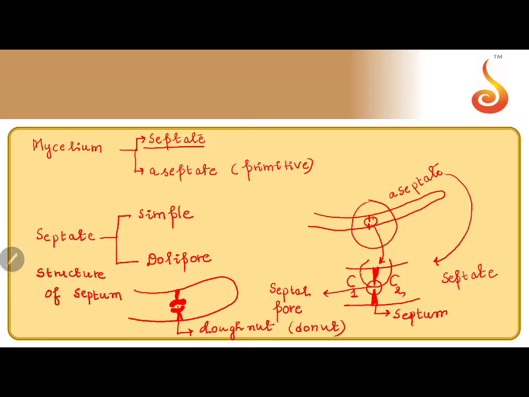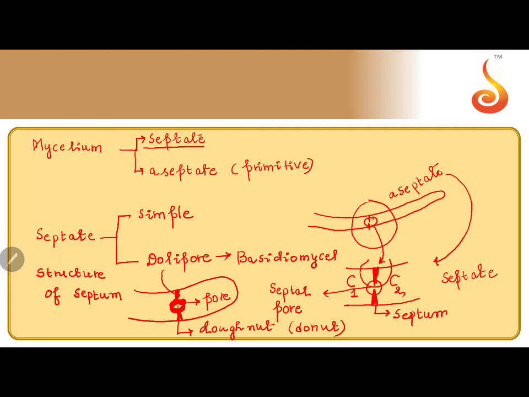Because in the simple one it was just a membrane extension, but here it's like we have a window with a wooden frame. It swells and covers to create a donut shaped septal pore. This is called the Dolipore septum. We see this in Basidiomycetes, which are supposed to be advanced fungi.